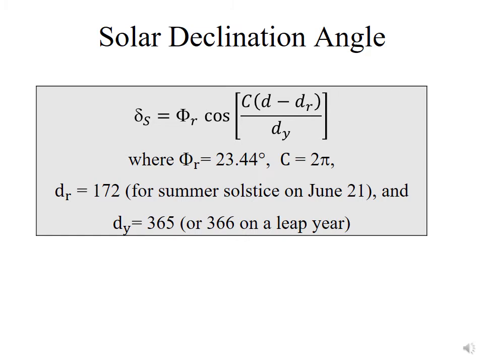If the summer solstice is June 21st, then that's day 172. And then we divide that by dy, which is the number of days in the year, which is 365, and that will give you the solar declination angle for a given day of the year.